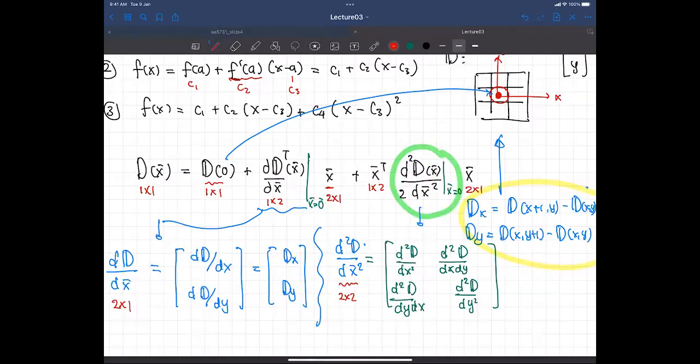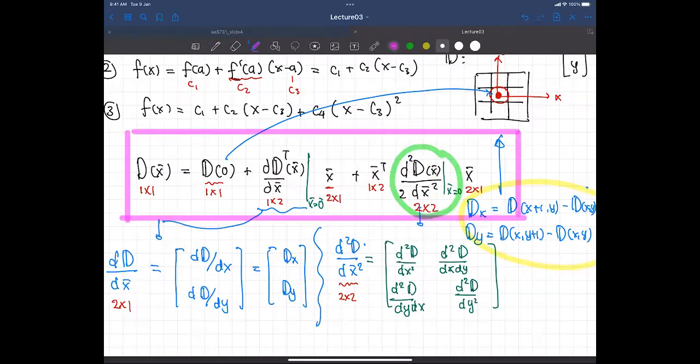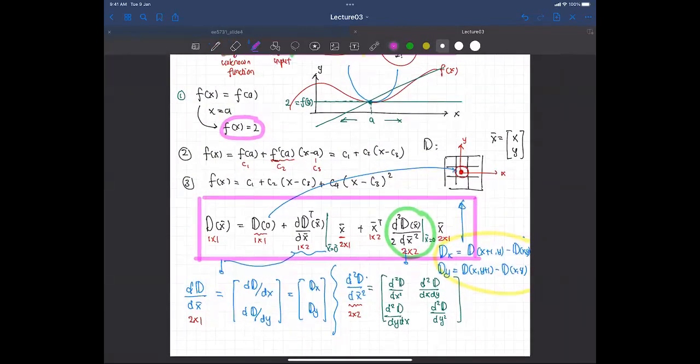Again, this one is 2 by 2, and this is operable: 1 by 2, 2 by 2, 2 by 1 gives 1 by 1. So this is the operation that we need to do. Any questions?